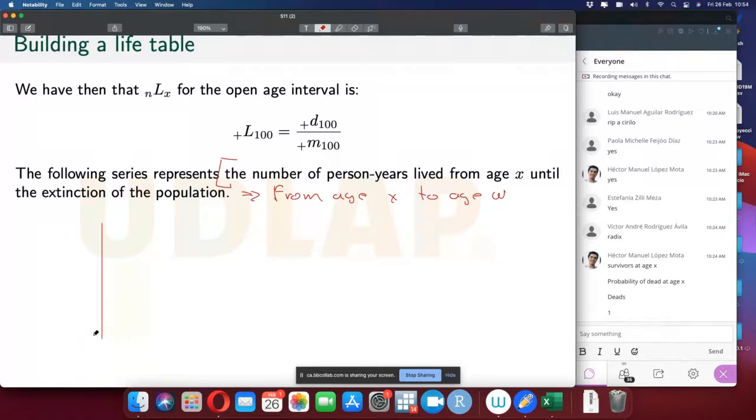So how am I going to do that? Here I have omega, I have my survival function, and I think we will have time to review the shape of all these things.